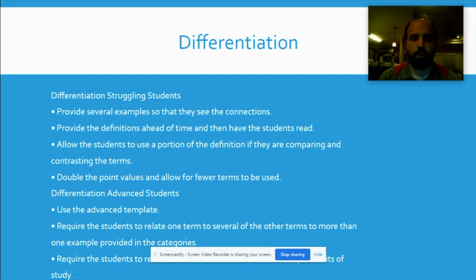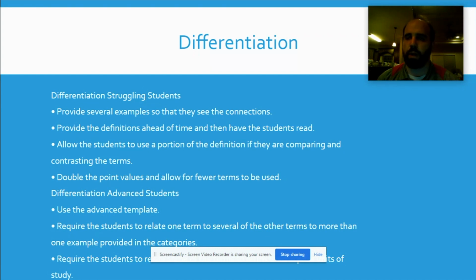We're going to provide several examples, provide maybe the definition ahead of time, and then they're using their knowledge of that definition to build the connections as they go further into the text they're using and as they get more information. I think you can use fewer terms. You can divide up. Maybe I want to see which connection each makes the first time, and you chunk the strategy, as you would say.